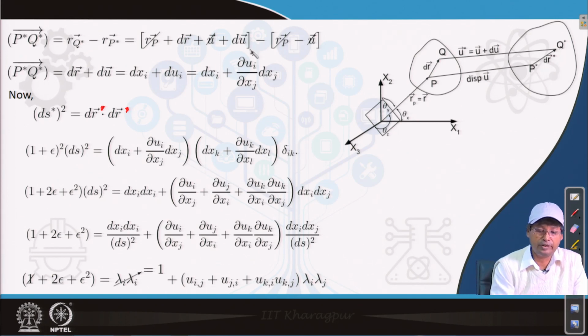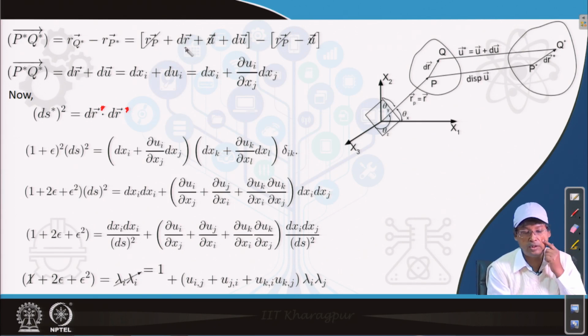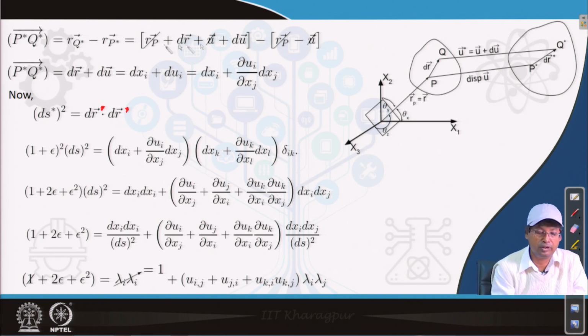So, that is written here and it is expanded as r p plus d r and u plus delta u, and this is the r q what we see and this is the r p what we see, and if the common terms cancel out, we have that this is equal to d r minus d u.